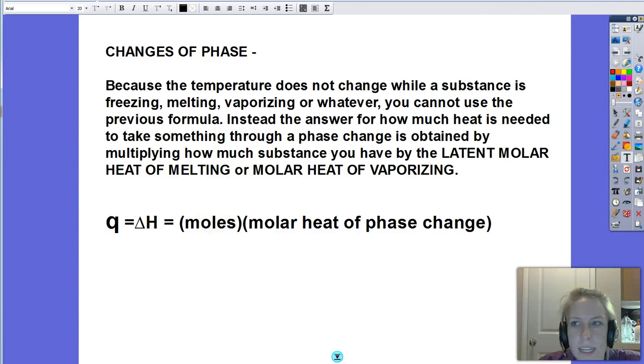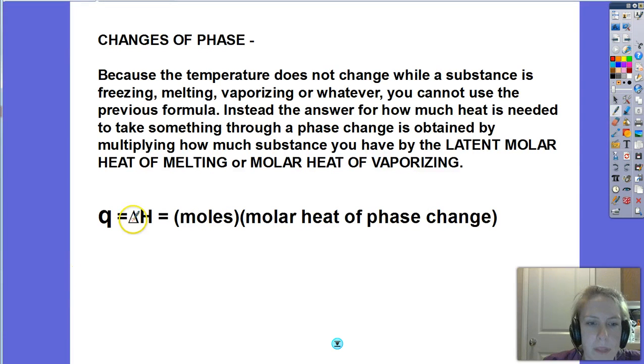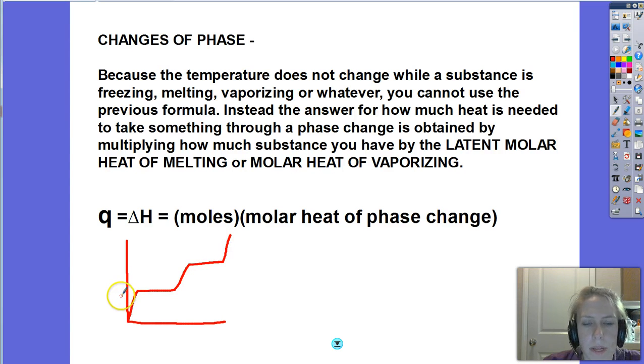So any time that something goes through a phase change, if I have my graph here, and let's say it's water, and we're starting at negative 20 degrees, this first part is going to be 0 degrees Celsius.